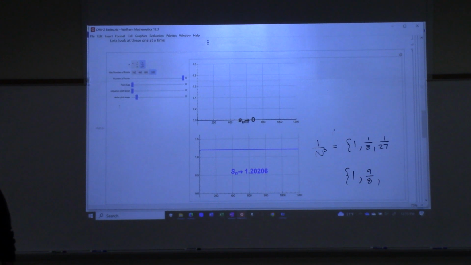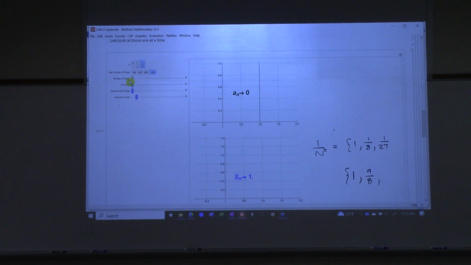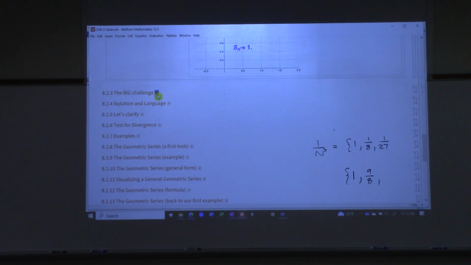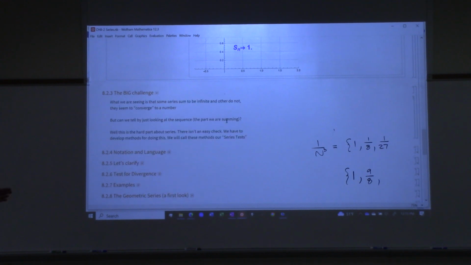So sometimes it converges, sometimes it looks like it doesn't. And so what we are tasked with here is trying to figure out which series converge and which ones don't. That's what we need to do. Okay, the big challenge: we were seeing that some series sum to be infinite and others do not.